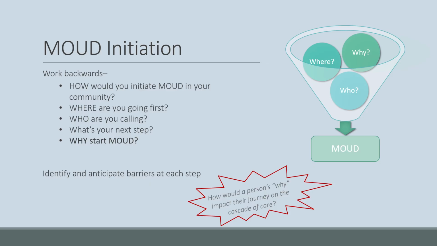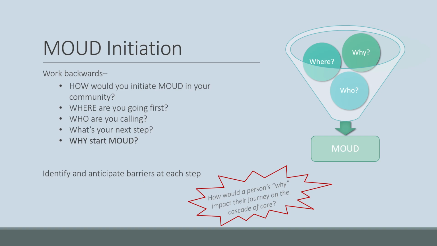We need to work backwards and think about how you would initiate treatment with buprenorphine for yourself. If you needed to start MOUD, who would you call? Where would you go? If one person doesn't answer, who else would you call? Once you get started on meds, what's your next step? What's your plan to maintain access to your meds for the next week, the next month, the next year?